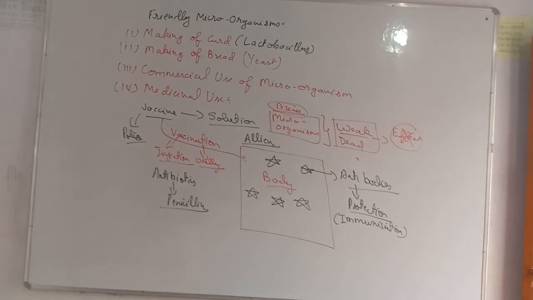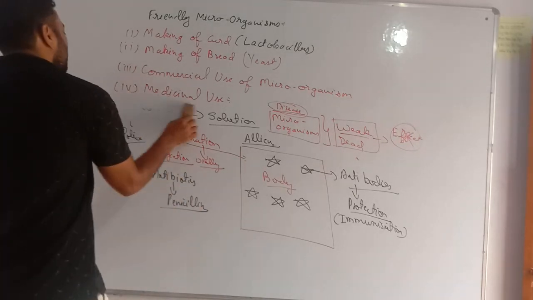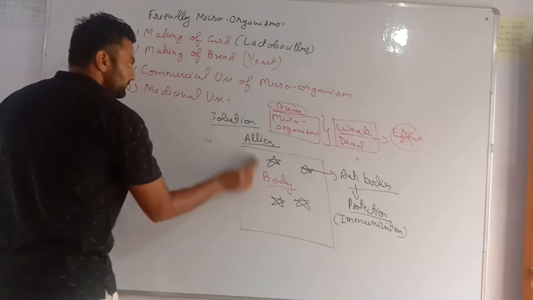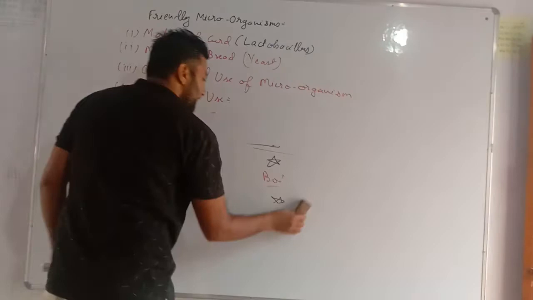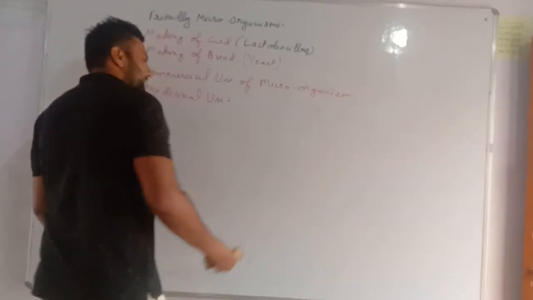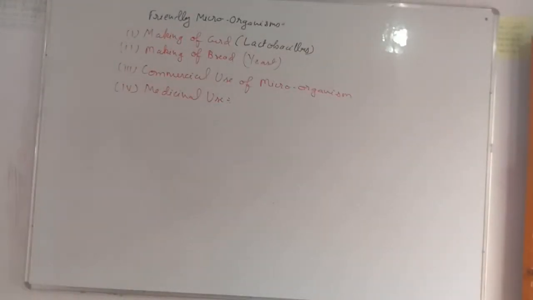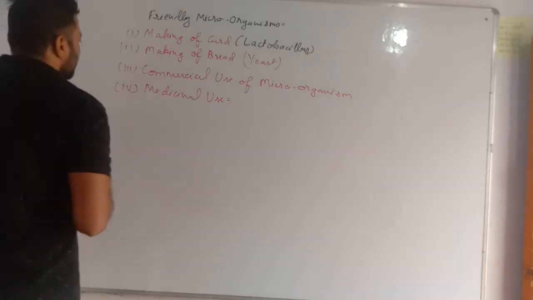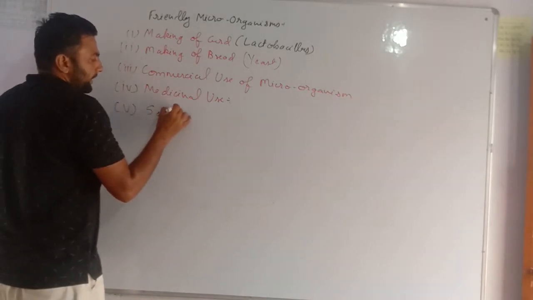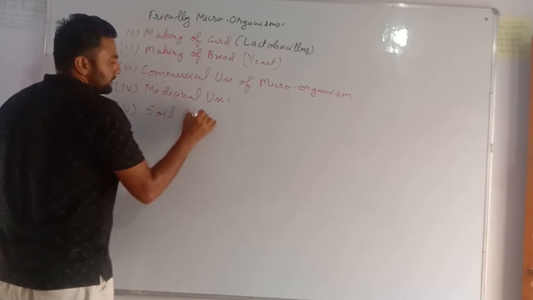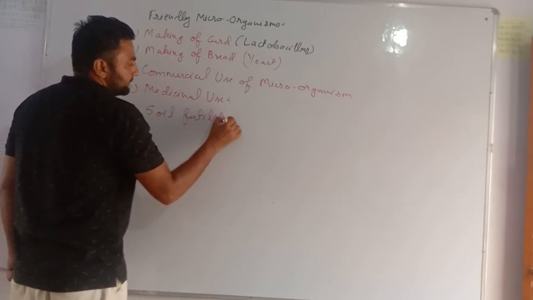Okay, my dear students, there are many other uses of microorganisms. As we have done in the previous chapter, that is crop protection and management, microorganisms also help me in maintaining or increasing soil fertility.